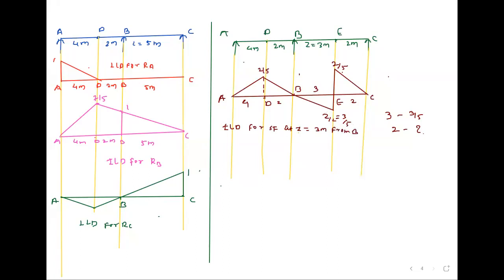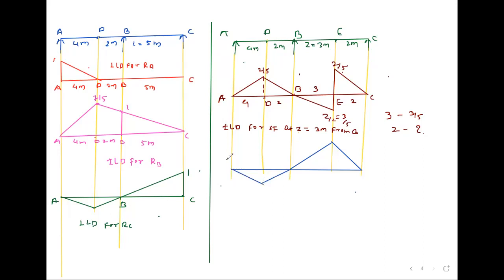Then we will draw a diagram for bending moment. So first we will draw for B to C portion. So from this B to E value will be there, and then E to C it will close. After that, for this B to D, we have to make a rigid portion. So diagram will go below here, and here diagram will close.